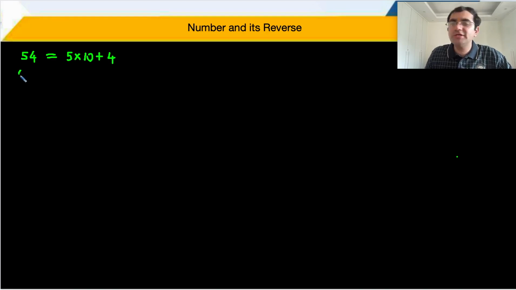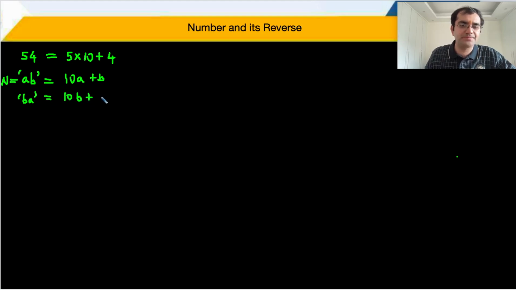So if you wish to take a two-digit number and do some mathematics with it, for example, AB, the number is n, which is AB, you will write it as 10a plus b. And then if you want to reverse it and make it BA, it becomes 10b plus a. This is a number and its reverse, n rev.